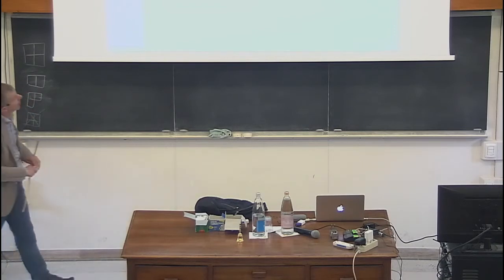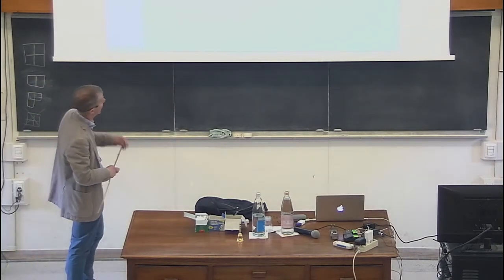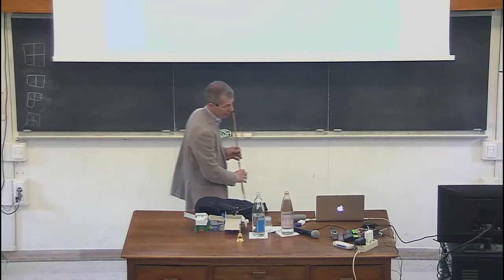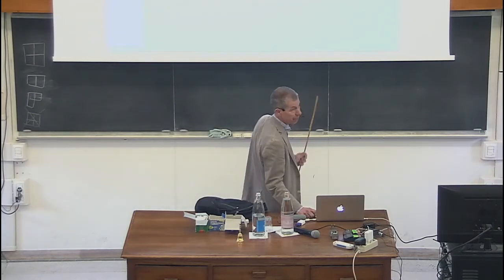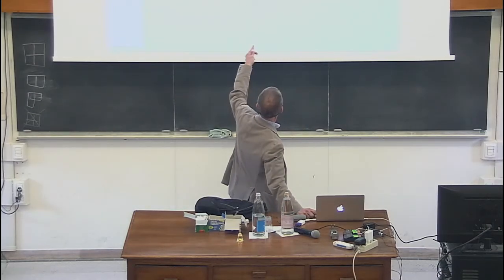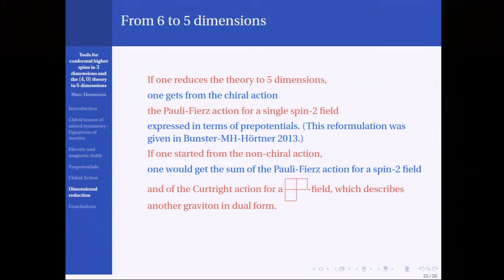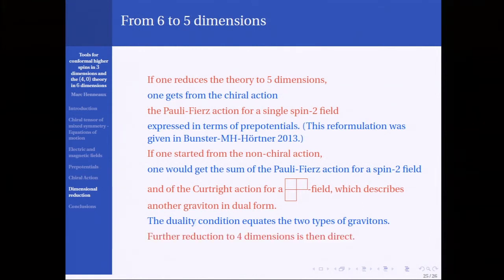So if you had started with a non-chiral action, you would have obtained 2 spin 2 fields. One described by the standard Pauli-Fierz, but one described by this dual description, and of course that is tricky to handle, and actually the duality condition equates the 2 fields, and so you have only one type of graviton.